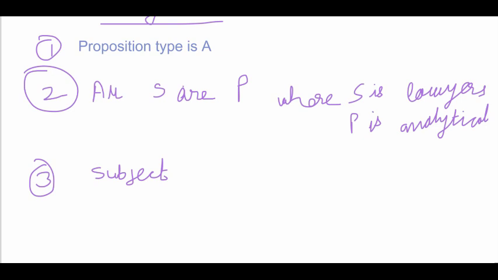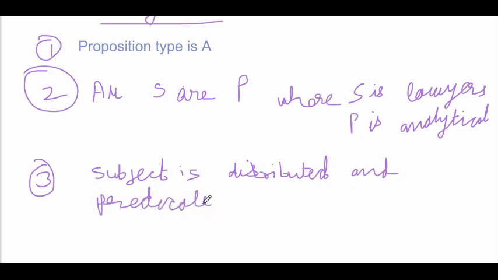Excuse me for the blank screen. For A type, the subject is distributed and the predicate is undistributed. Subject is what?